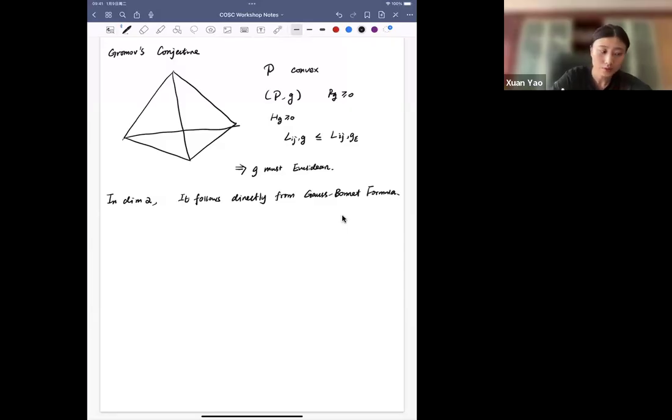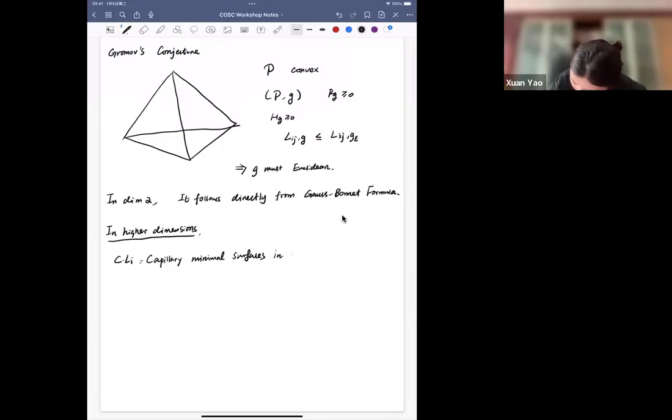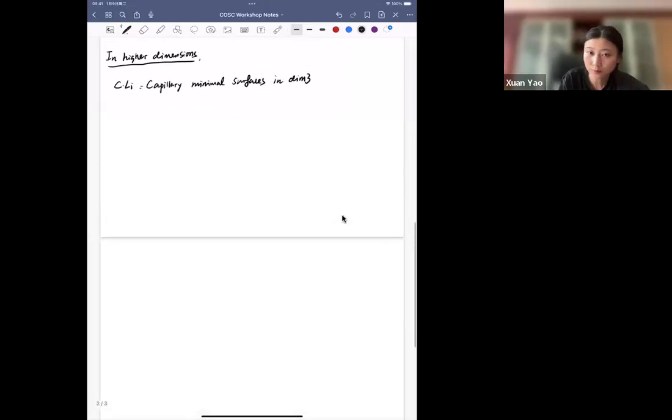In higher dimensions, Li used capillary minimal surfaces in dimension 3, and he proved that Gromov's conjecture is true for two special types of polyhedron.